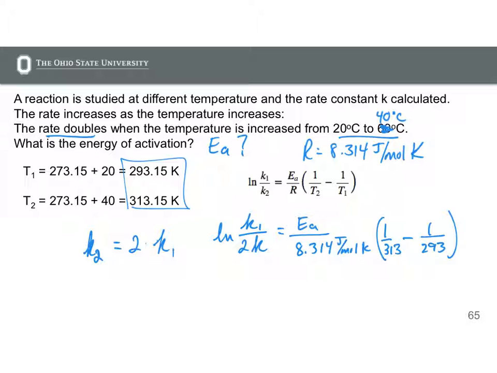And so when I calculate E sub A, I got 26500, we'll round up. And this is joules per mole.